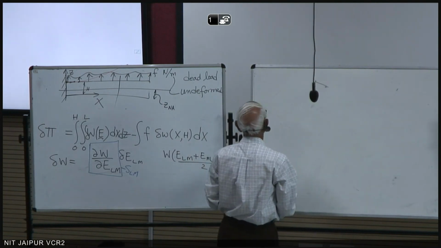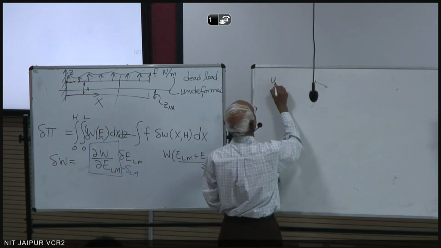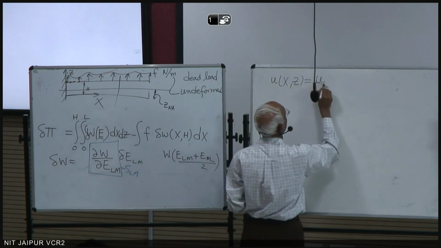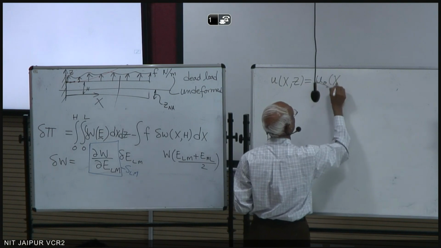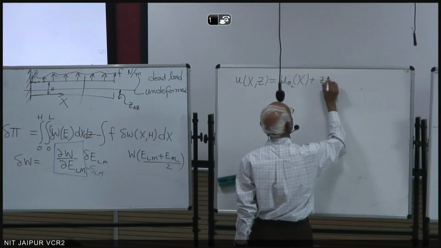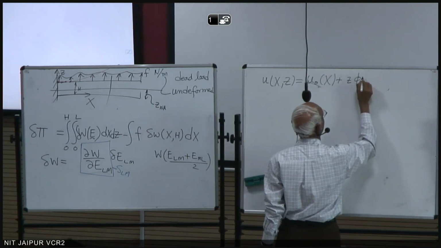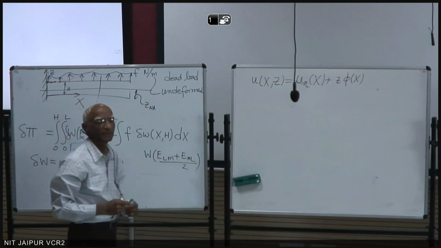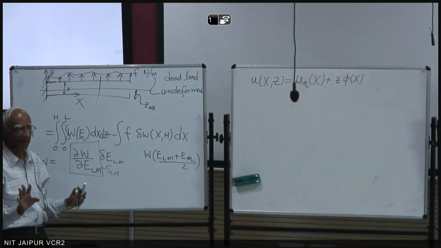So we are going to say U as a function of x and z is U0 of x plus z phi of x. I do not know phi. I do not know U0.